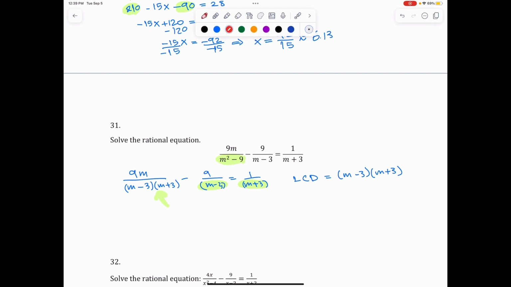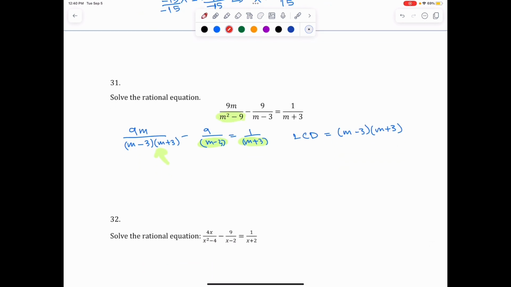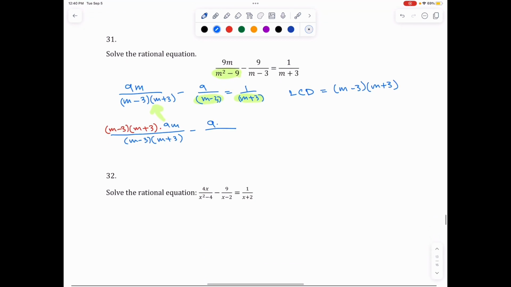So now we're going to multiply m minus 3 times m plus 3 times 9m divided by m minus 3 times m plus 3 minus 9 times 9 over m minus 3 times m minus 3 times m plus 3, which is the least common denominator, equals 1 over m plus 3 times m minus 3 times m plus 3.